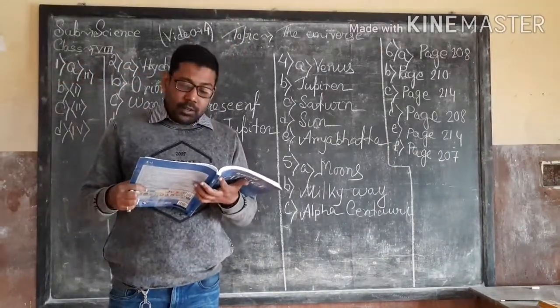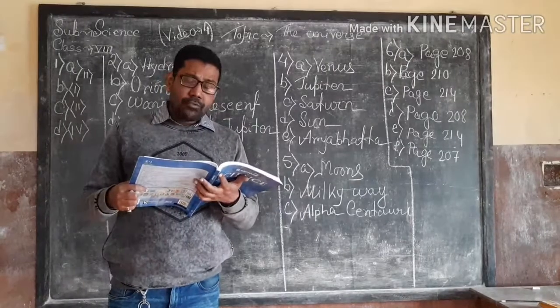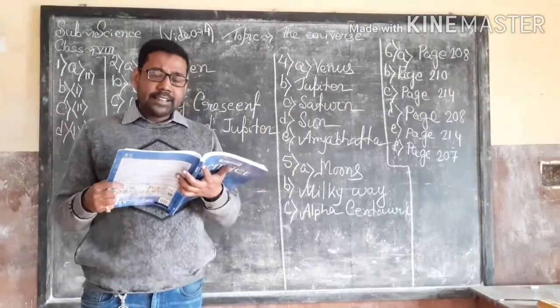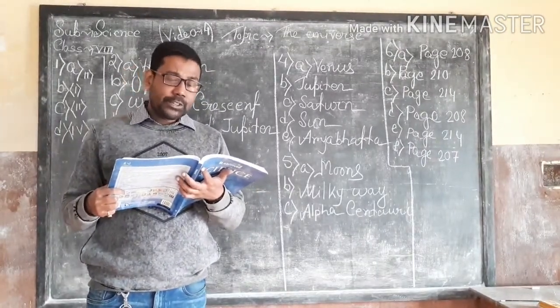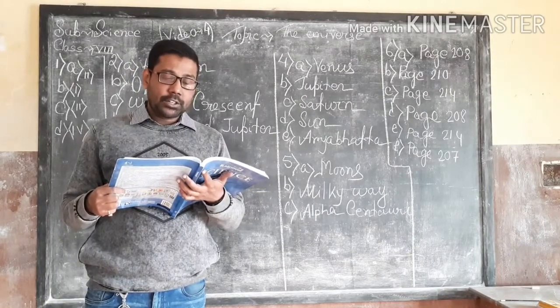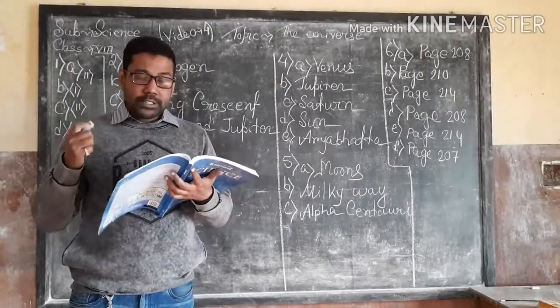If you observe the moon in the night sky for a few days, you will notice that the moon does not look the same. What is the reason?